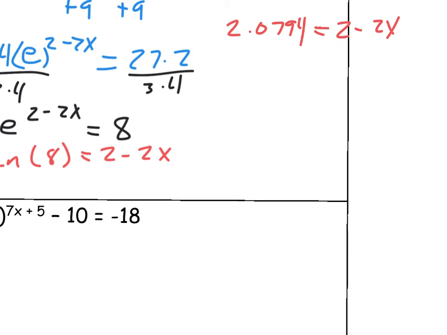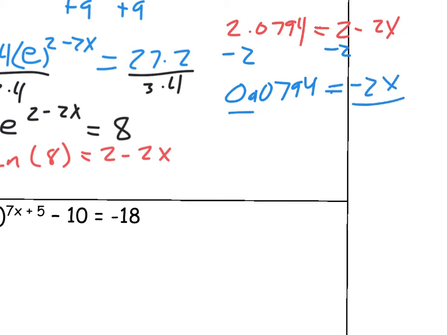First thing we're going to do, obviously, is subtract 2 from both sides. And I'm going to get 0.0794. That's the decimal right there. Equals negative 2x. And then just divide both sides by negative 2. x equals, okay, what do we got? 0.0794 divided by the negative 2.